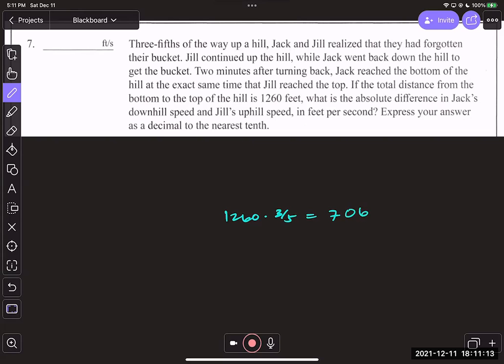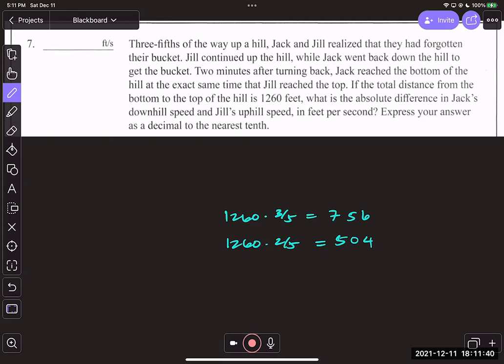Wait, did you say 706 or 760? 756. Got it. And then 1,260 times 2/5 was how much? 504. All right, got it. Good. I was looking at 760 and I was like, that doesn't look right. This looks a lot better.